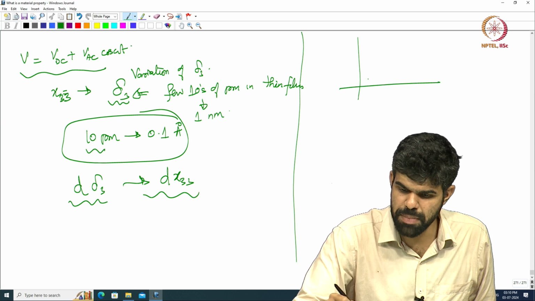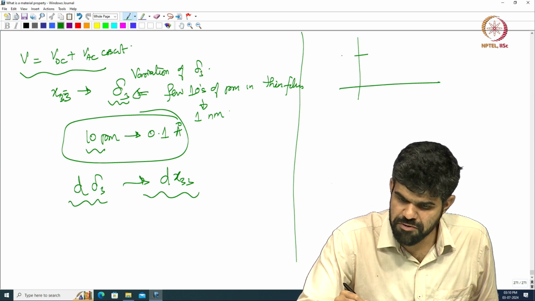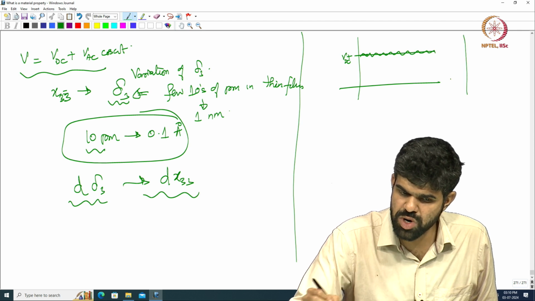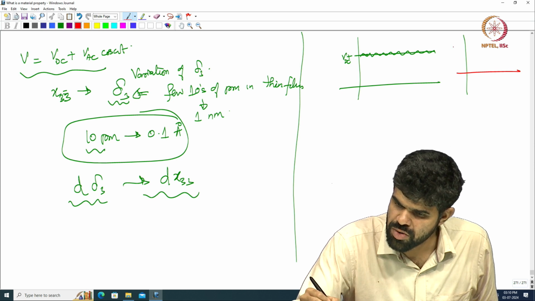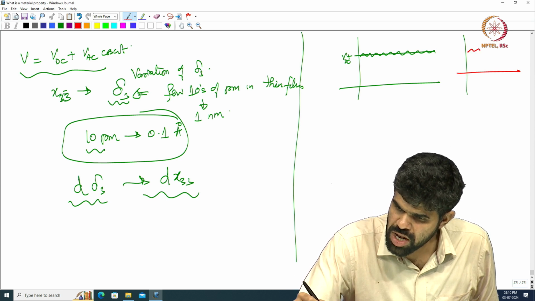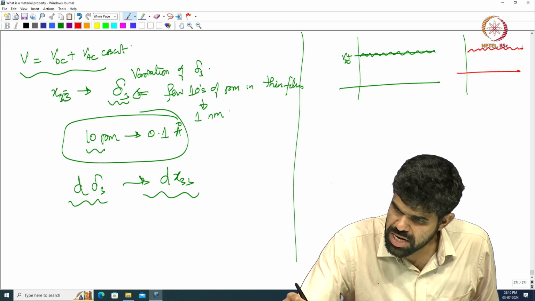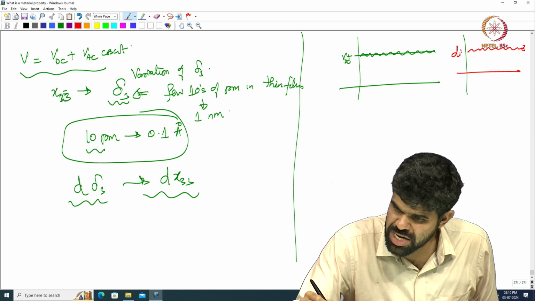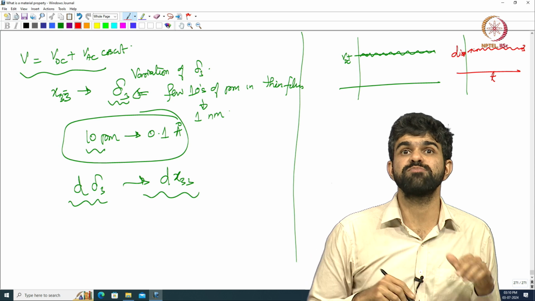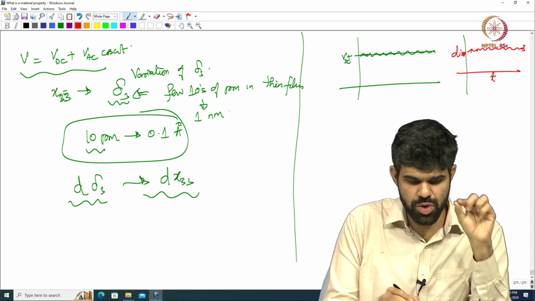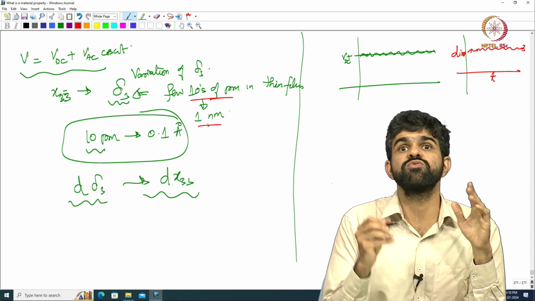I apply a V DC, and on top of the VDC I apply a small AC voltage, and what I have to measure is a small displacement amplitude, as a function of time. Like I told you, it is going to be tens of picometers to about 1 nanometer.